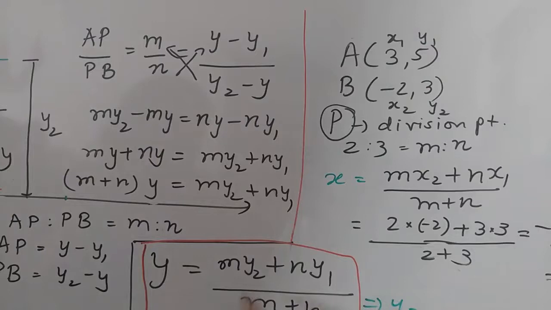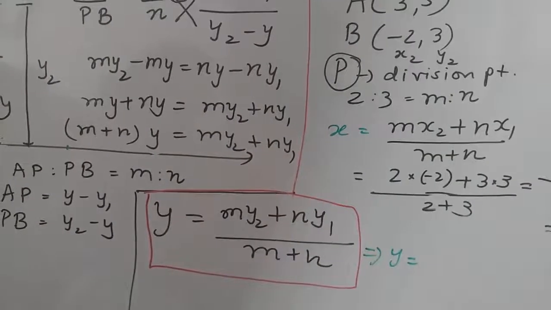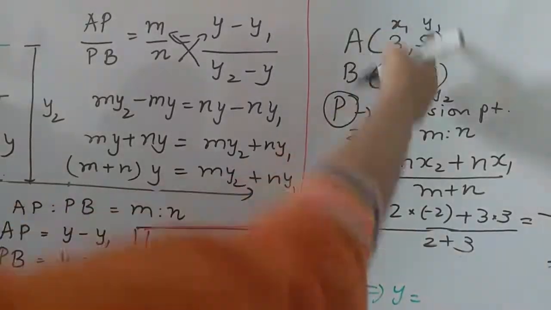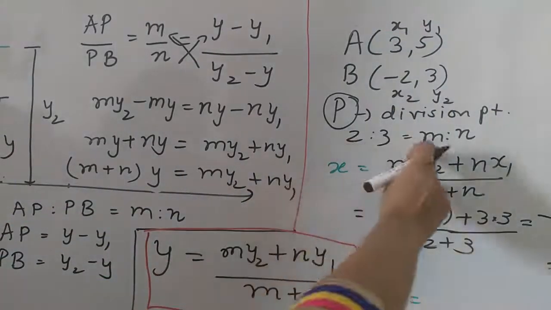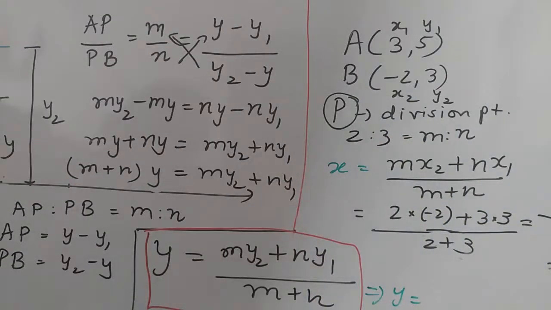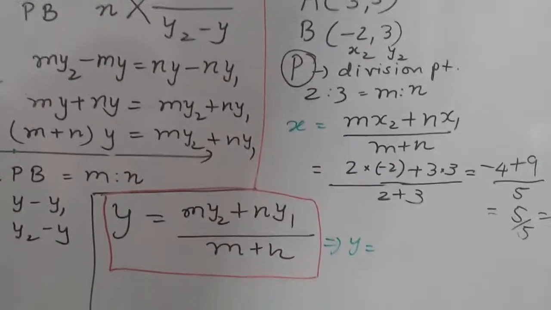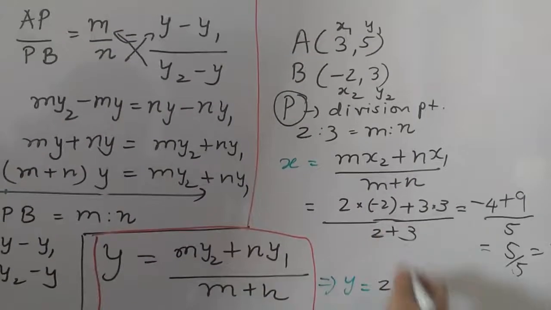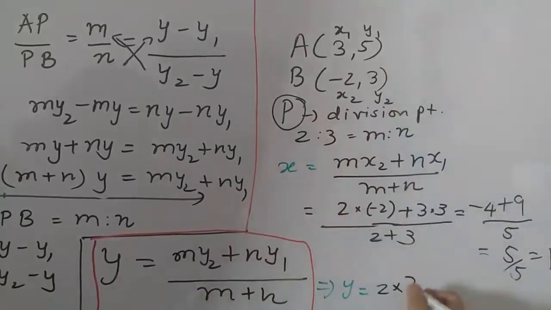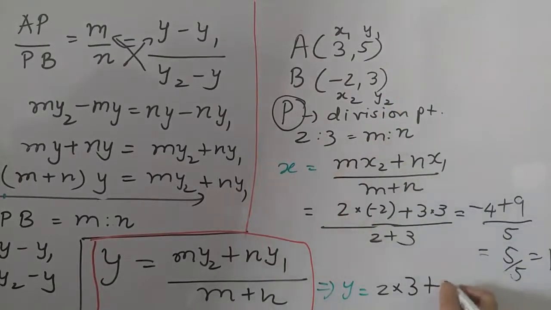So the formula I will not write again. You see here, the y1 and y2 coordinates are 5 and 3 here, and the ratio is the same, m:n is 2:3. So I'll put here now m is 2, so 2 into y2 is 3 plus n is 3 and y1 is 5 upon 2 plus 3.